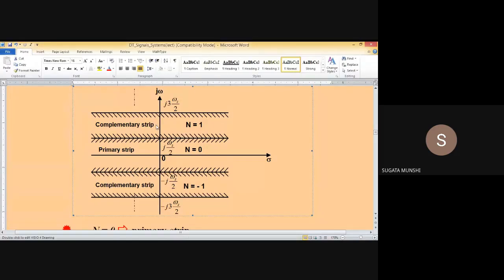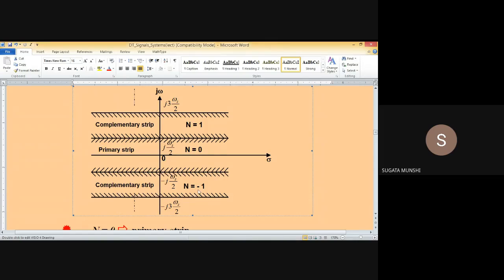So for n equal to 2, the horizontal strip will extend from j3 omega s by 2 to j5 omega s by 2, isn't it? These strips corresponding to non-zero values of n, where n can take on only integer values, are called complementary strips.